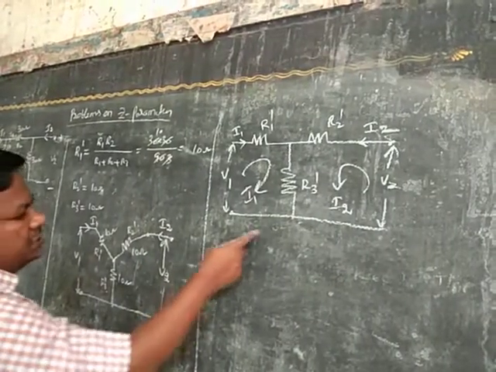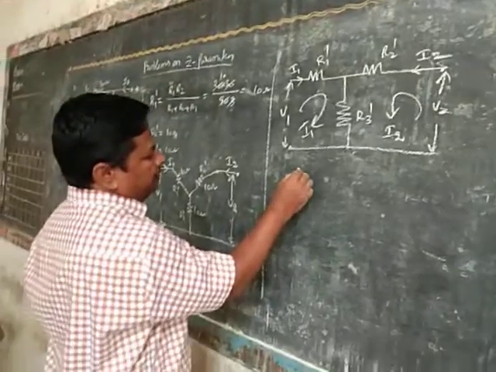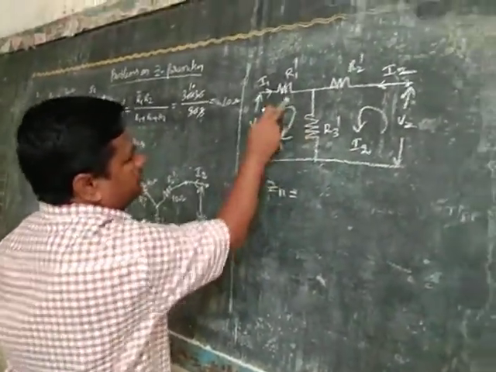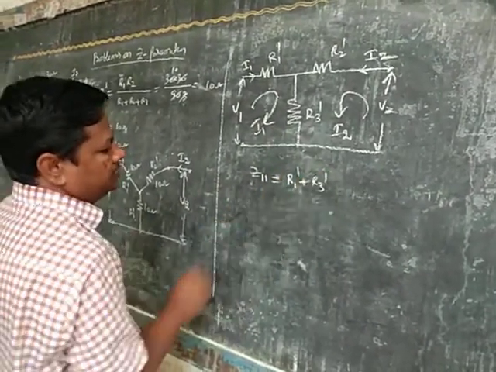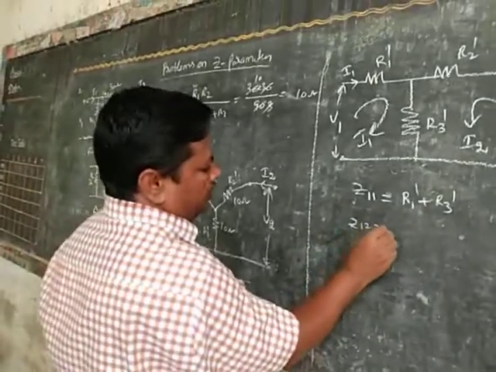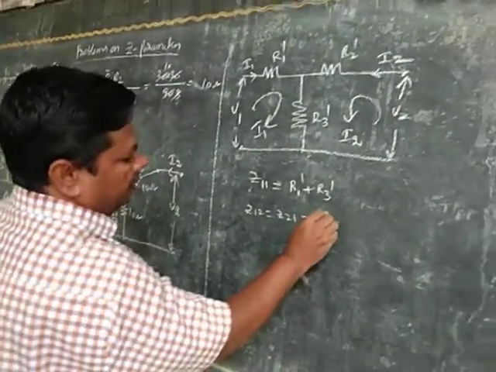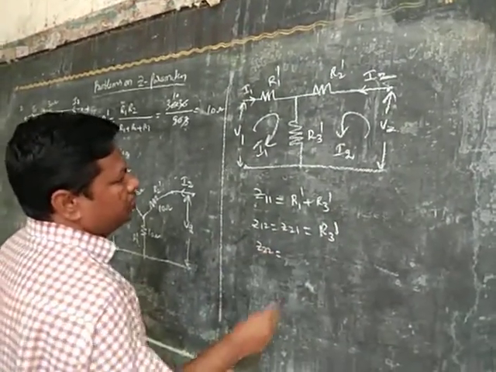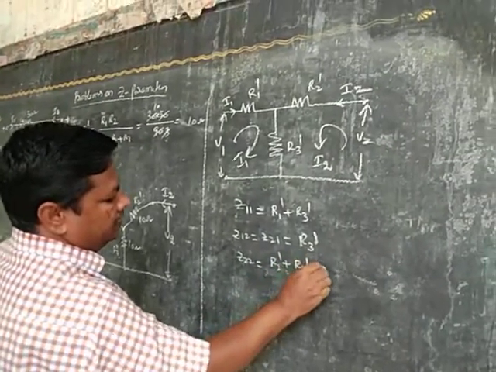Now this circuit is a standard T network. Already in the previous problem, Z11 is equal to the summation of these two, R1 dash plus R3 dash. Z12 is equal to Z21 is equal to R3 dash. Z22 is equal to R2 dash plus R3 dash.